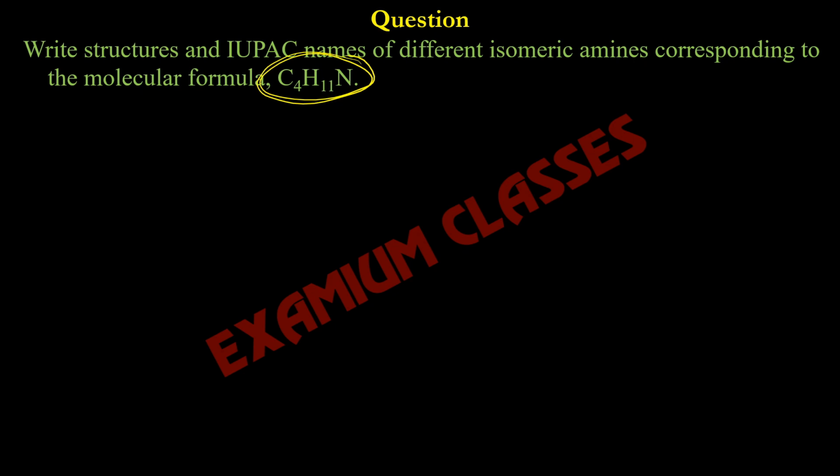So primary amines will have NH2 group, secondary amines will have NH group, and the tertiary amines will have N only. So the first one will be the simplest one, means the straight chain with NH2 at the end.